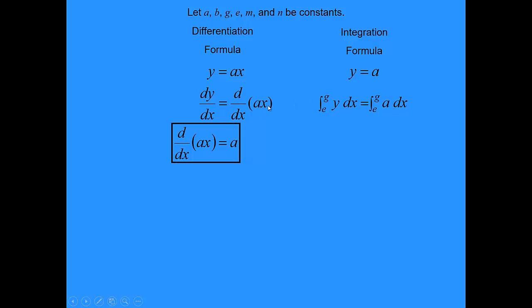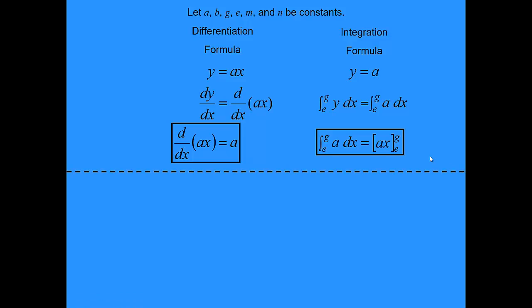If the derivative of ax is a, then what would the integral of a with respect to x be? Yeah, it would be the inverse. It would be ax, evaluated from e to g. We would evaluate this at g, minus evaluating it at e. Big area minus the little area is the area in between. See how these are inverses? If the derivative of ax is a, then the integral of a with respect to x is ax.